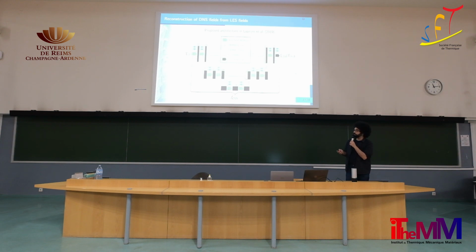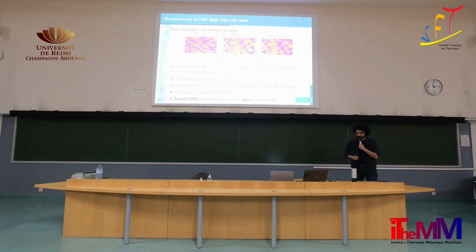The way we acquire our data is by, first of all, taking a DNS at mean frictional Reynolds number of 180 and fixed Prandtl number of 0.76 after statistical convergence. From this, we take 17 time steps spaced by this scaled time step. We then interpolate the data onto a coarse grid, an extremely coarse grid actually.